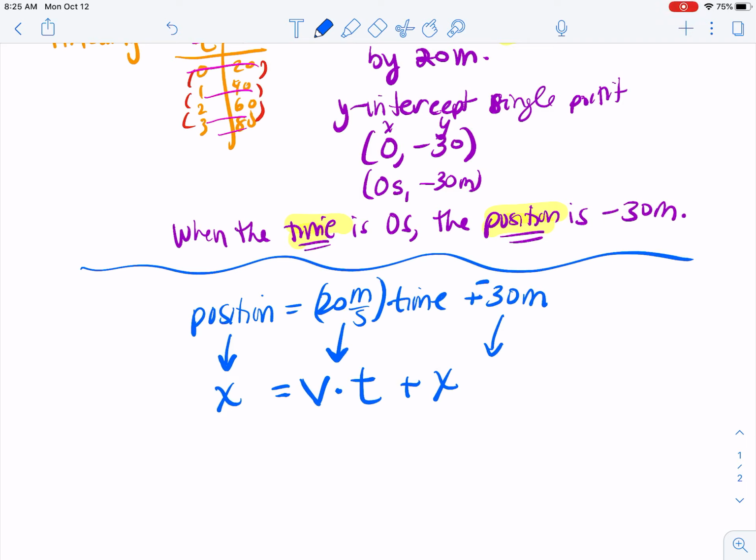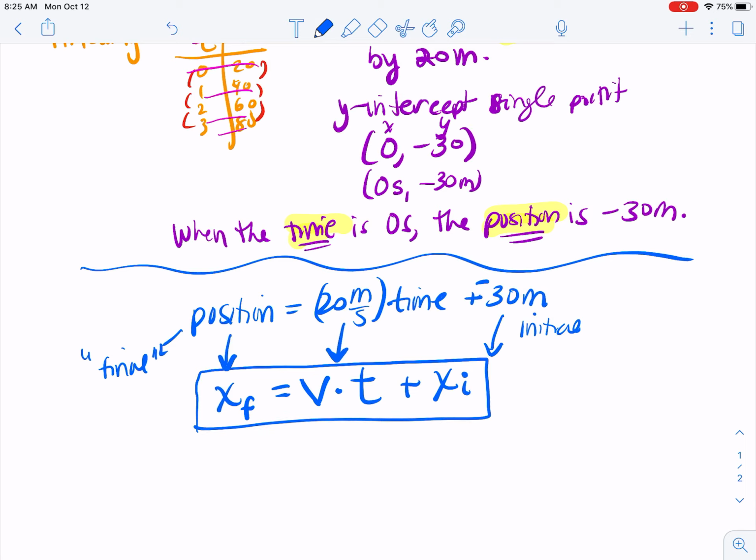But I have two x's, and those aren't really the same thing, because this one is the initial, so we're going to put a little i here. And this one we're going to call final. It doesn't have to be at the very end. It just means at that time. So this is what we call our physics equation.